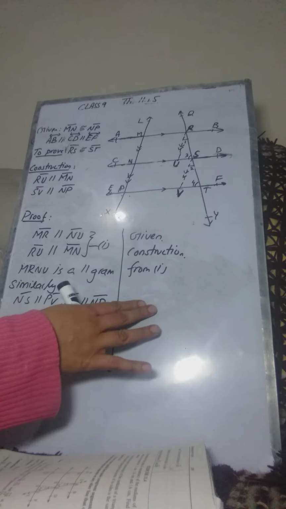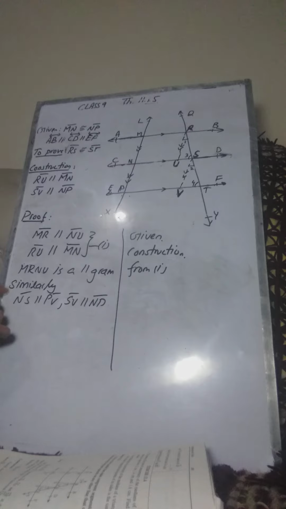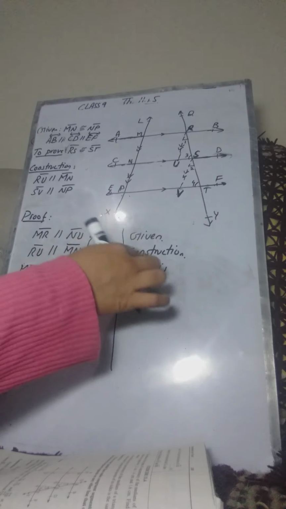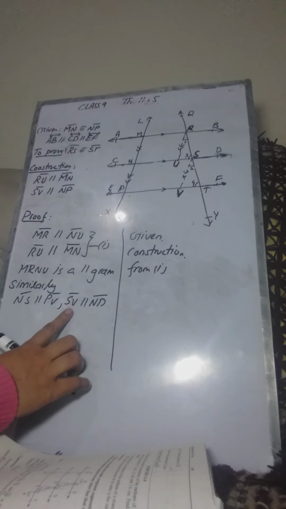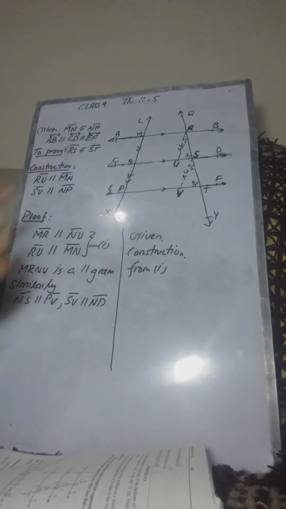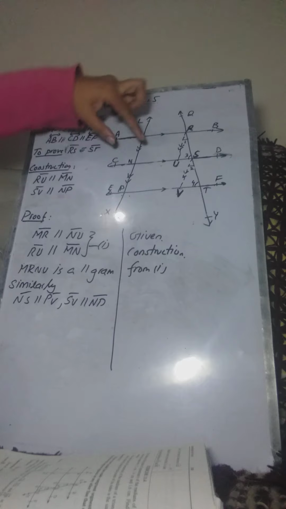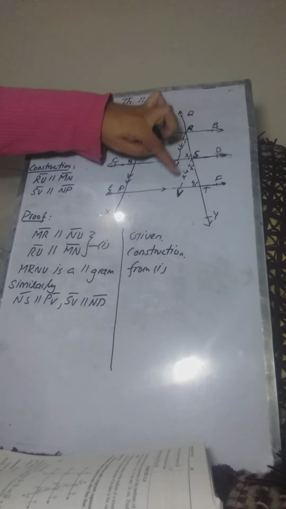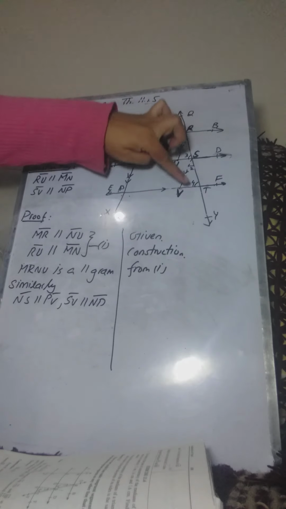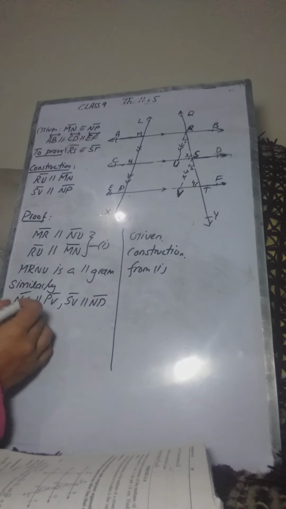So we don't need to write anything here because we have written 'similarly'. Similarly means because of the same reason as we have written above. So NS is parallel to PV and SV is parallel to NP. It means that NSVP is a parallelogram, according to the definition of a parallelogram. So we have two parallelograms.